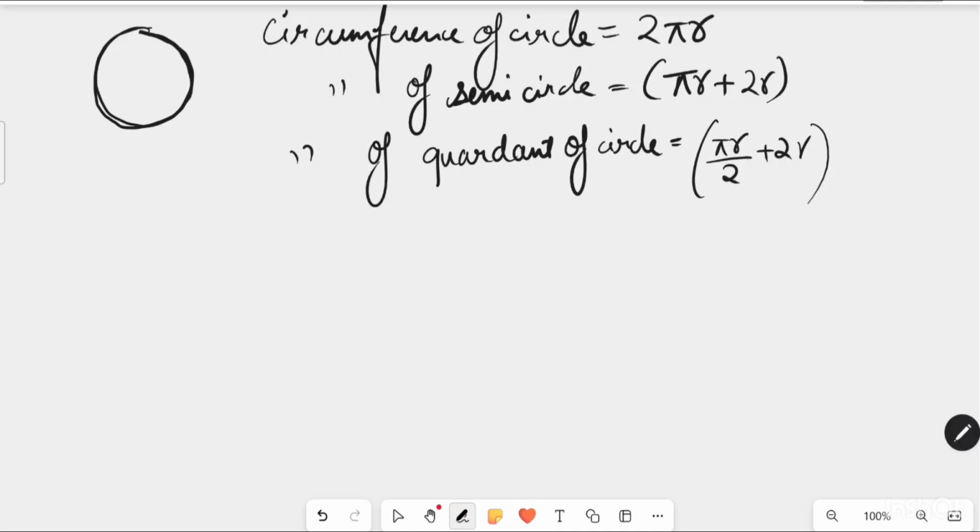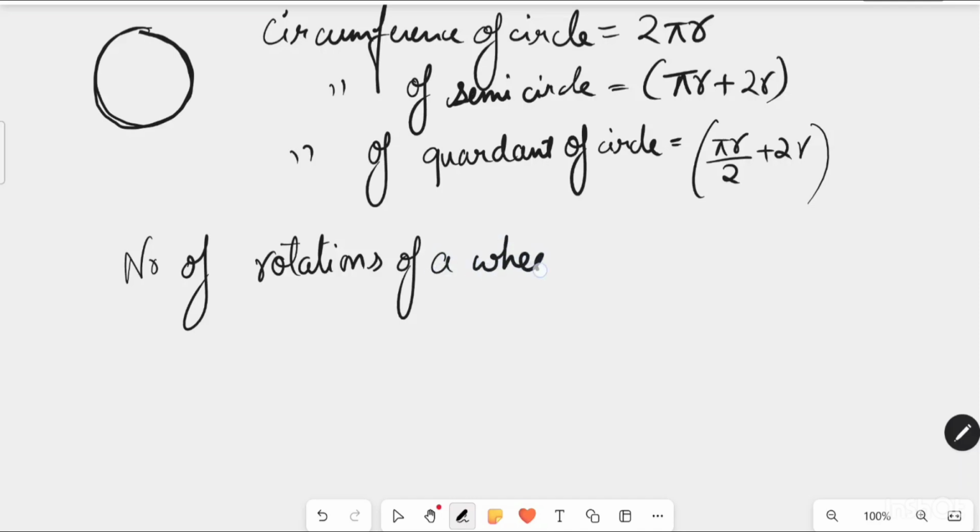Now number of rotations of a wheel in traveling a certain distance.